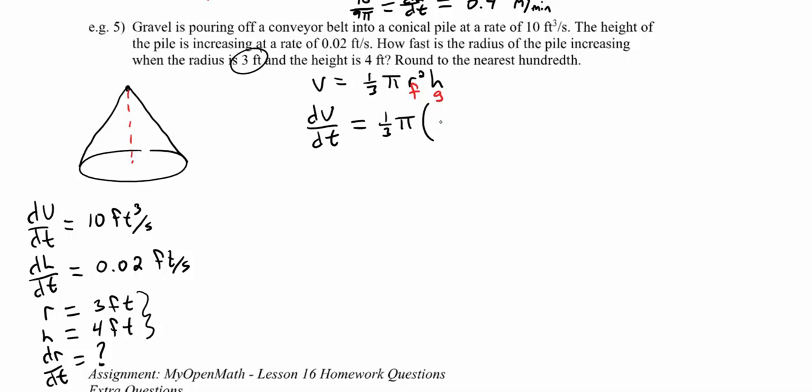So this would be r squared, that's f, times the derivative of h, which would be dh/dt, plus the derivative of r, which would be 2r times dr/dt, and then times g, so h.